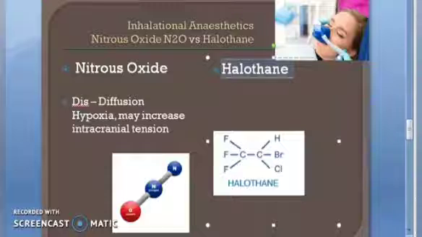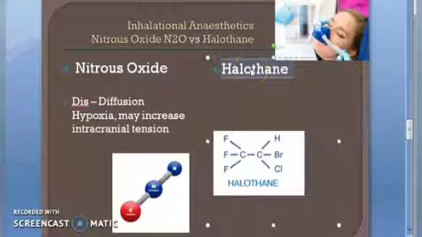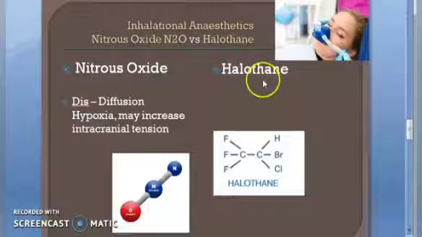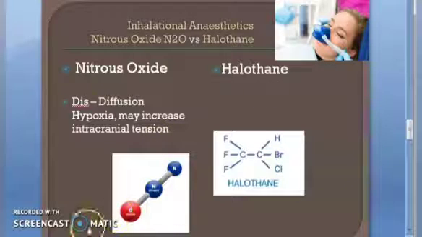In nitrous oxide, there is no skeletal muscle relaxant. Halothane, poor, inadequate muscle relaxant. Okay. But the good thing is it potentiates the action of DTC. What is that? Tubocurarine, right?